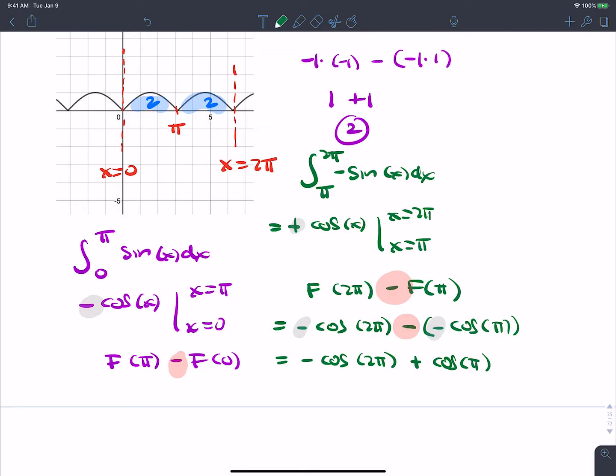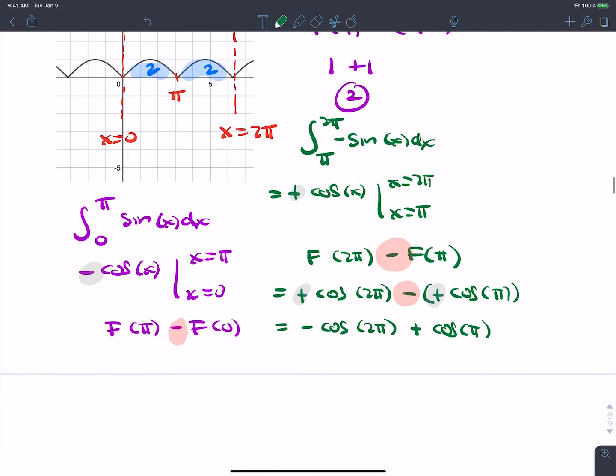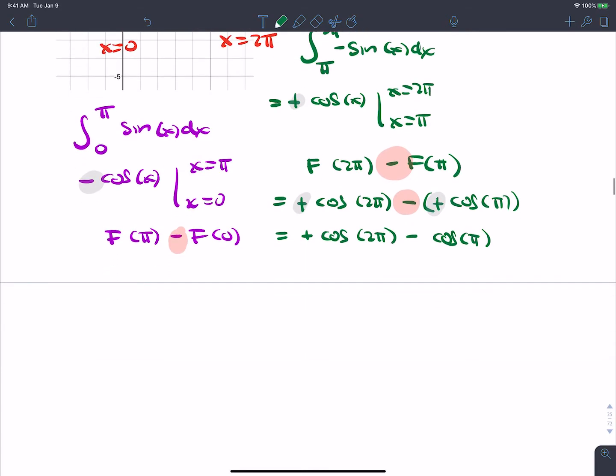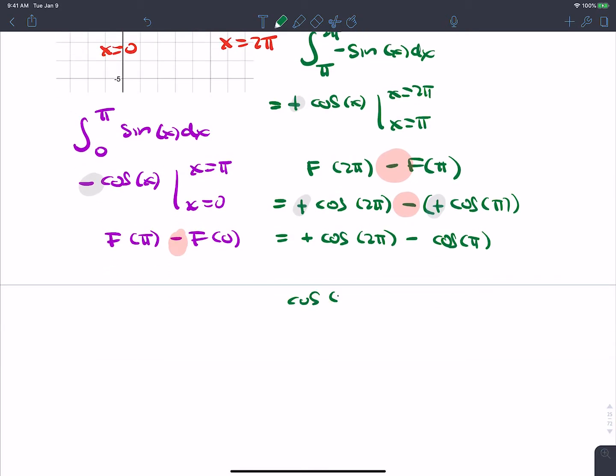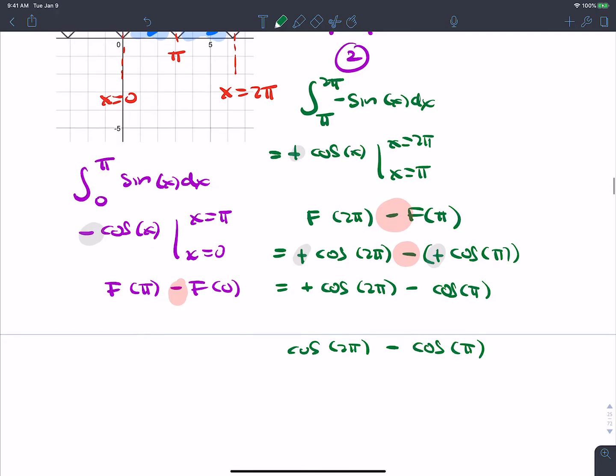Positive, good. Positive. Positive, is that right? So we got positive, and then this will be negative. Good job, I'm glad you're awake. So we got cosine 2 pi minus cosine of what? Pi. That's going to change our answer. Absolutely.